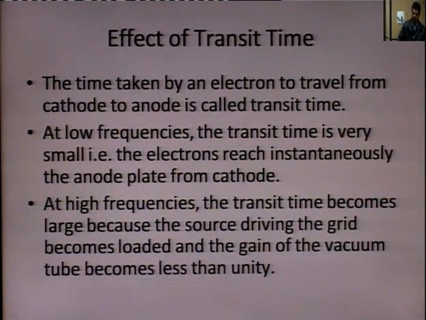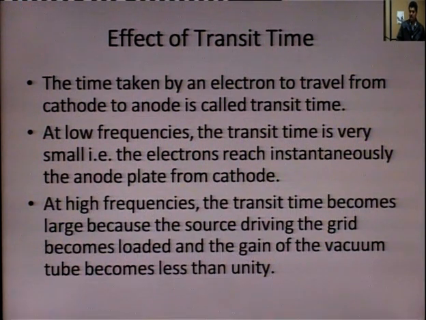So, next is the effect of transit time. First of all, transit time is the time taken by an electron to travel from cathode to anode. At low frequency, transit time is very small, but at high frequency, transit time becomes very large.